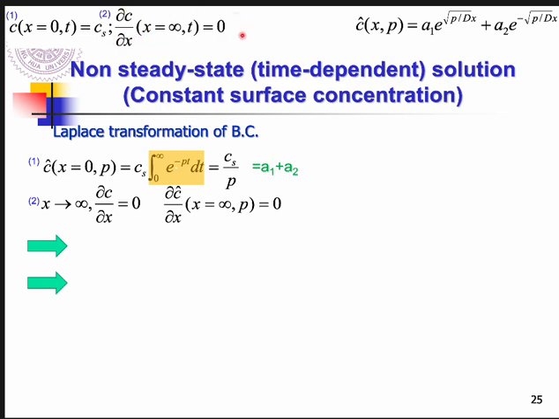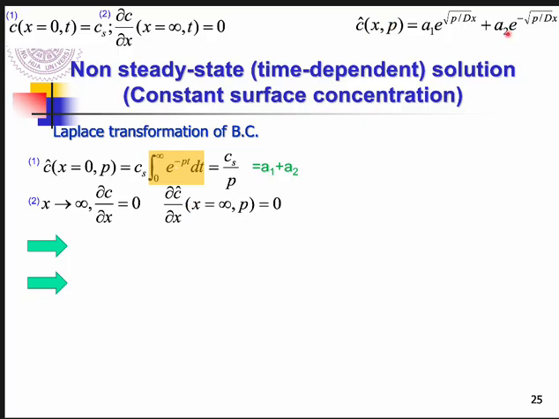And the second boundary condition here is the partial with x. As we know, the Laplace transformation is nothing related with x, right? So I can directly label this, after Laplace transformation, equals to 0.